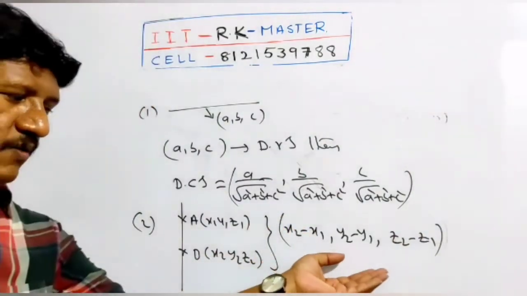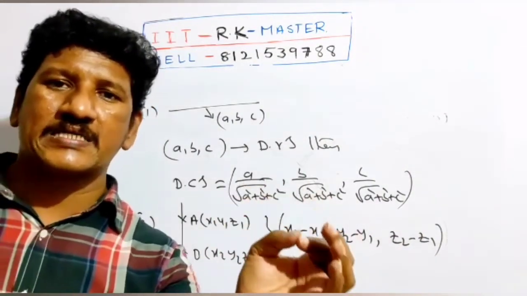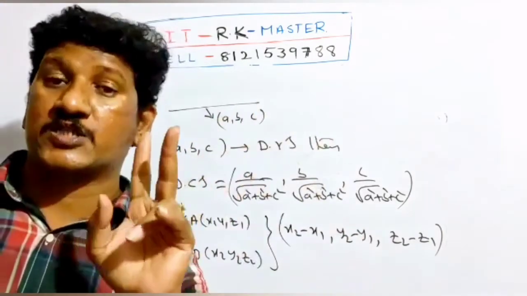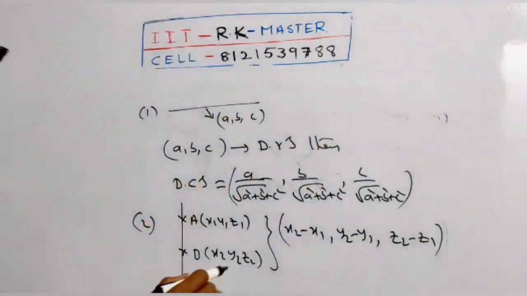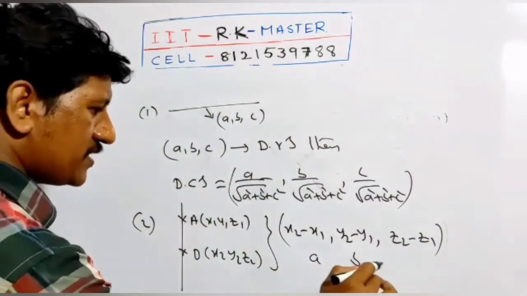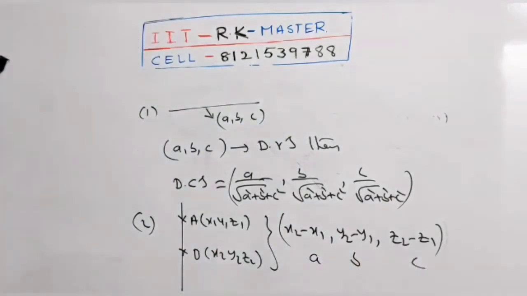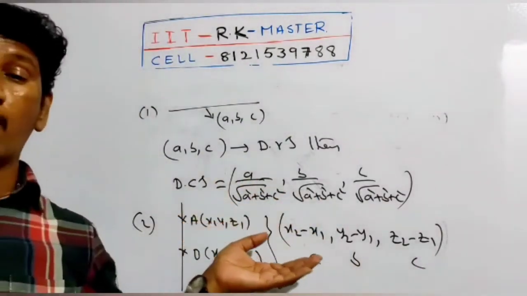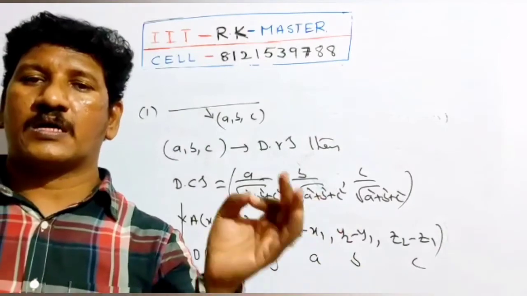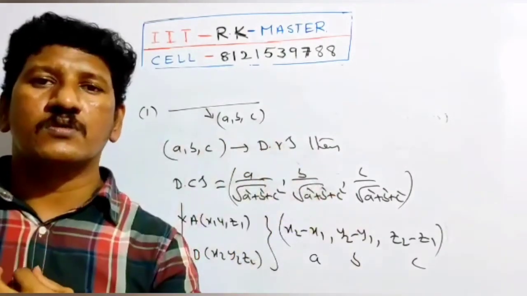So this is the formula to find the DRs of any line passing through 2 points. Okay? DRs are represented by a, b, c. This is about the concept of direction ratios.